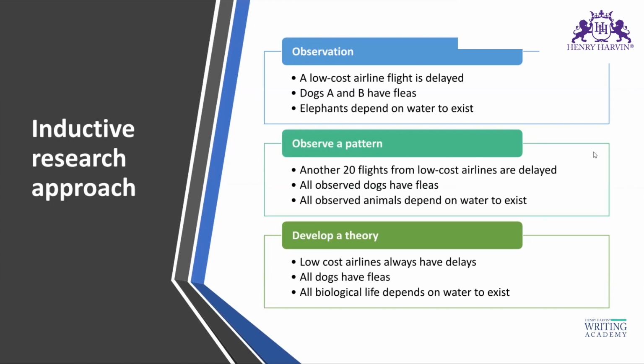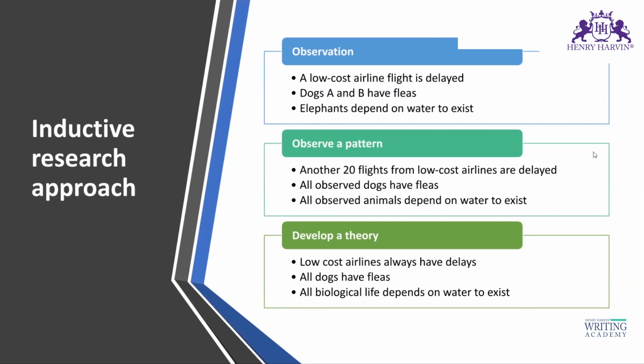There I was just observing elephants, and now I have said that all observed animals depend on water. Now, based upon this pattern, I actually developed the theory. What theory did I develop? The first statement was that low cost airlines always have delays. So I have just given a general statement based upon whatever pattern, maybe I just took a pattern from my own apartment. From that, I found out that all dogs have fleas.